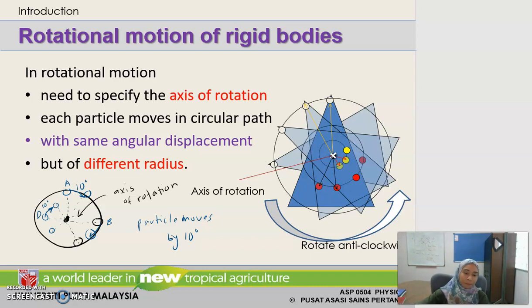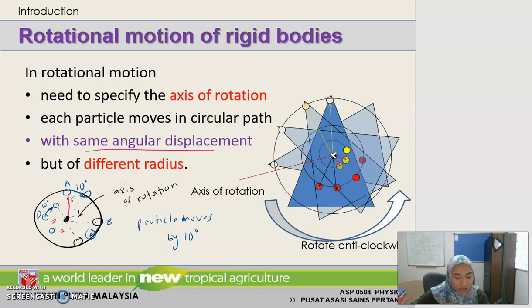What does that mean? Here the radius is the radius of the ball, let's say 5, but the radius of this particle is 3, and maybe this one is 2 meters. We don't know. They have the same angular displacement, which is the angle they rotate, but different radius.